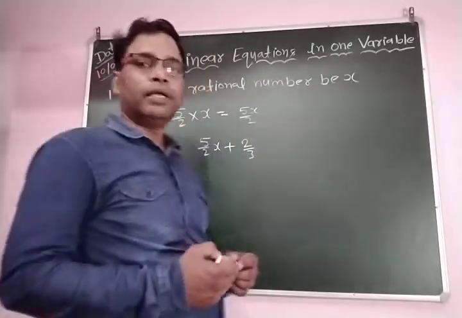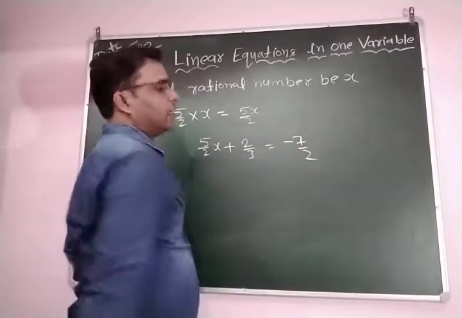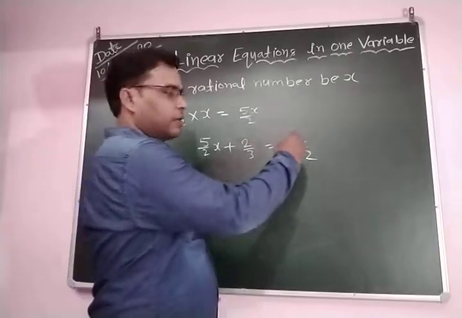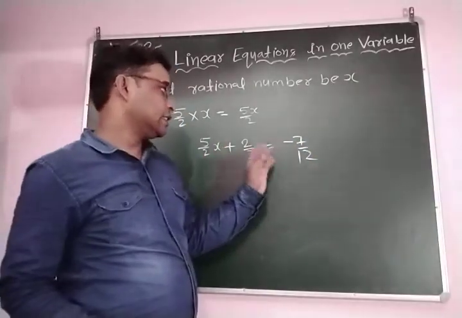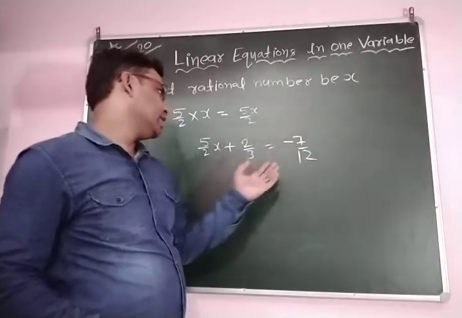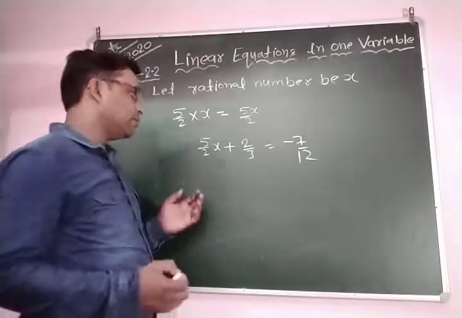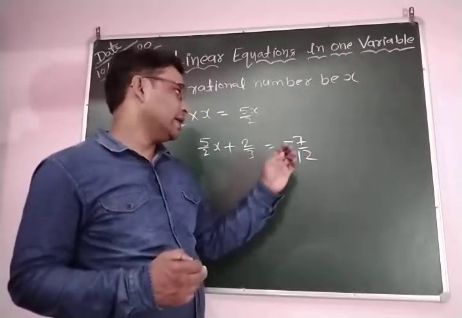The result is minus 7 by 12. This is equal to minus 7 by 12. And when we transpose this 2 by 3 to the right-hand side, then I obtain here 5 by 2 x is equal to minus 7 by 12 minus 2 by 3.